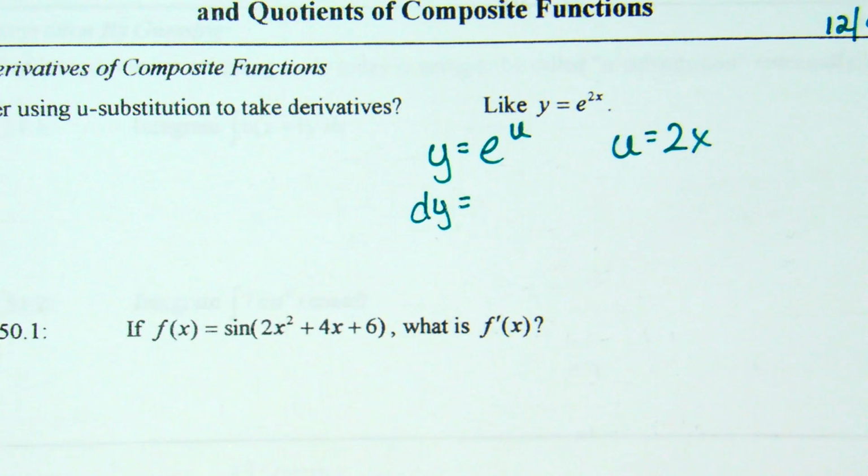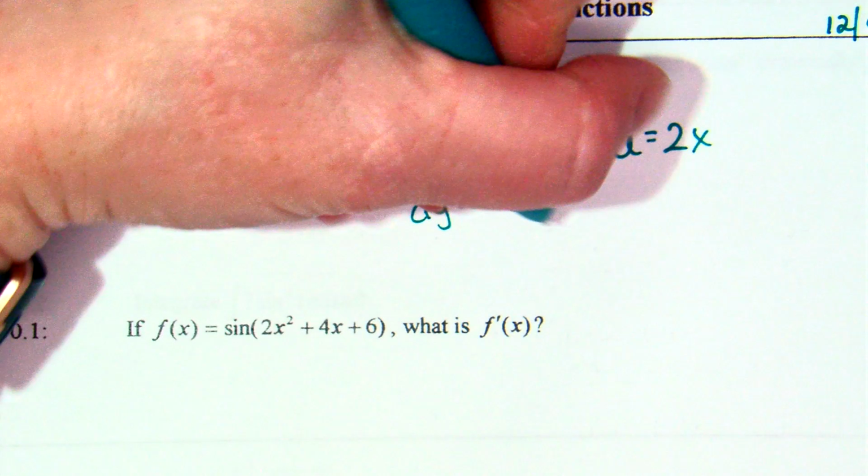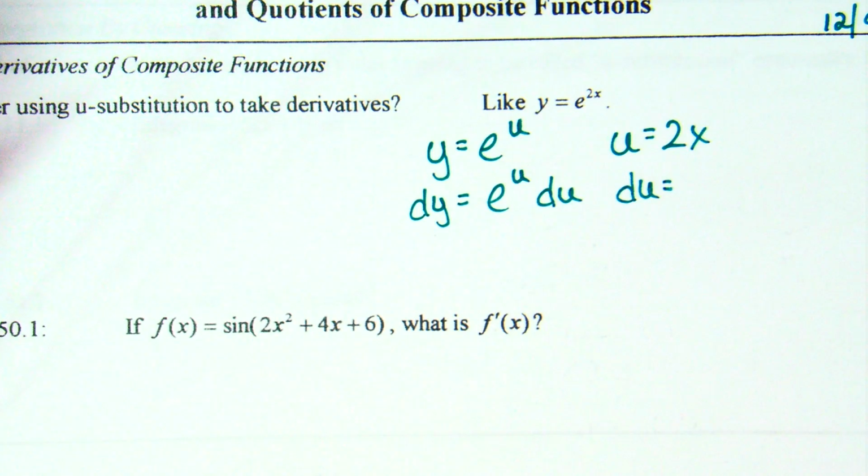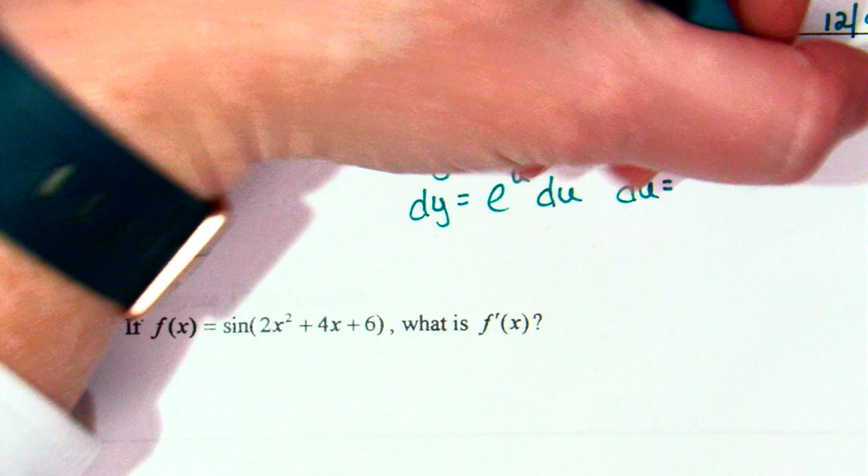Derivative of e to the u, e to the u du officially, yes? Okay. Let's do the same thing with our u equals 2x. Derivative of u, du. Derivative of 2x, 2, and then dx.